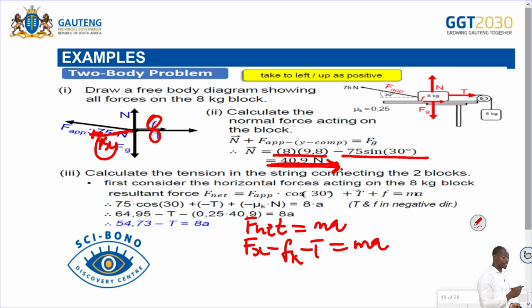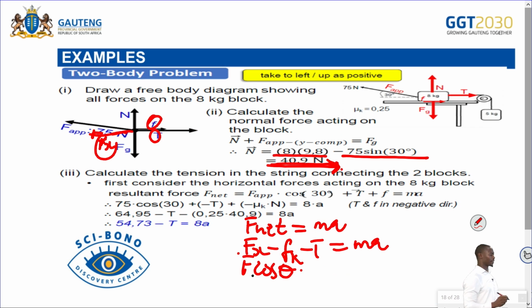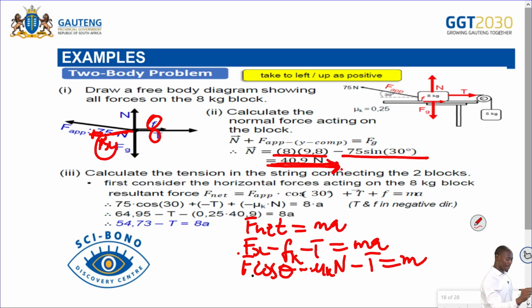I'm taking the direction of motion, which is to the left, as positive, right? So it will be F cos theta, because now I'm dealing with the horizontal component. Am I giving Fk? I know that the surface is rough, but I'm giving the coefficient of kinetic friction, all right? So it will be minus mu k n, minus tension equals Ma, all right?